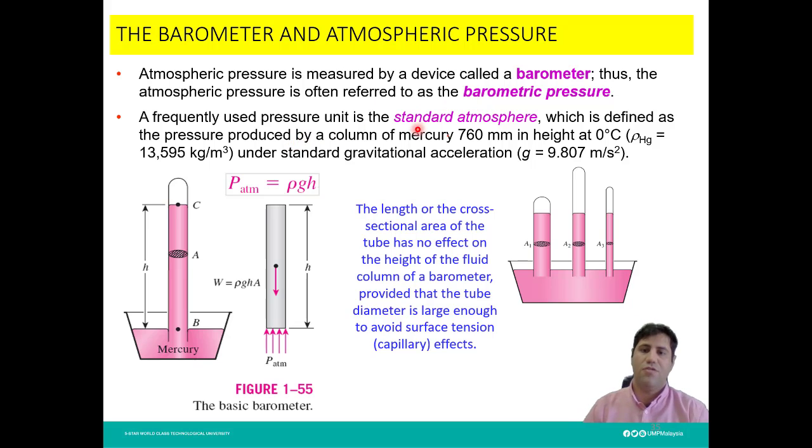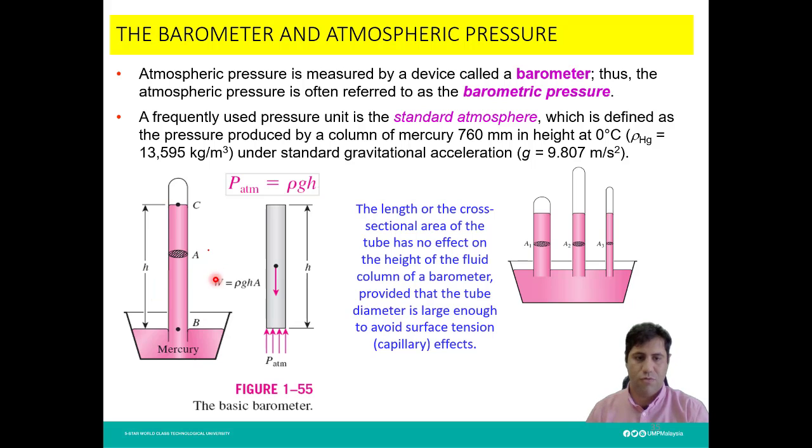As you can see here, it is defined as the pressure produced by a column of mercury with 760 millimeter height. This is at 0 degrees Celsius, where the gravitational acceleration is 9.8 something. We call that standard atmosphere.